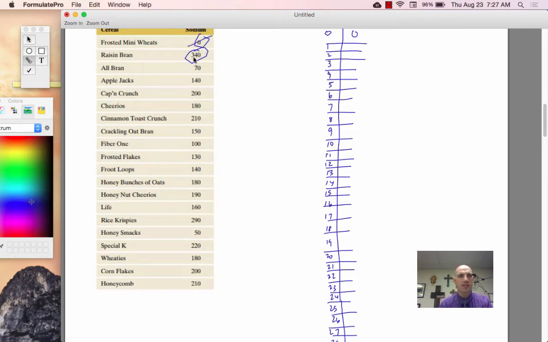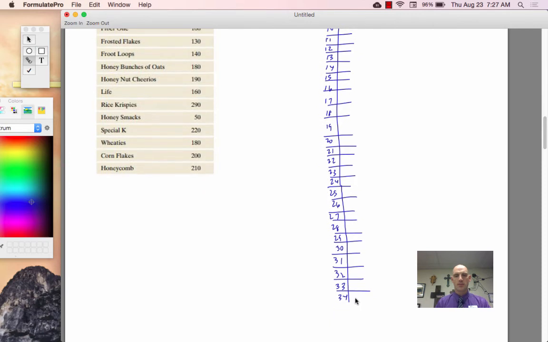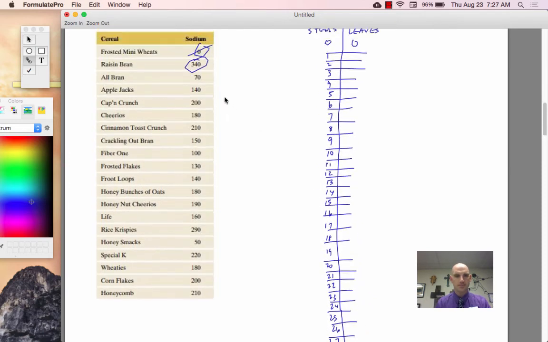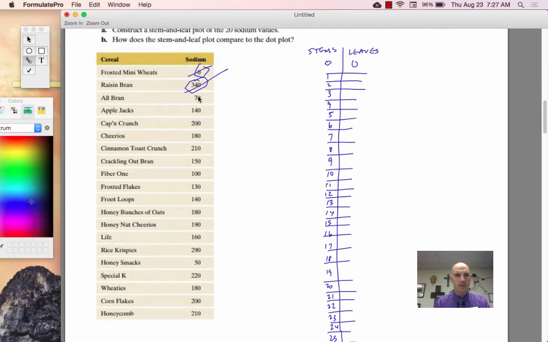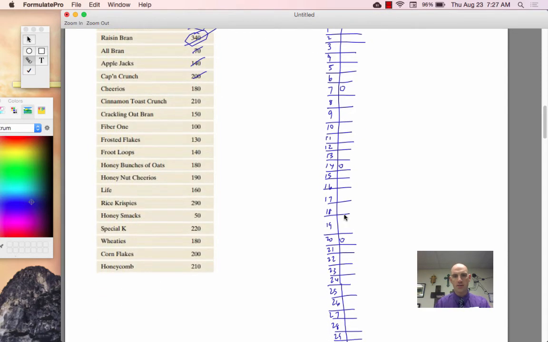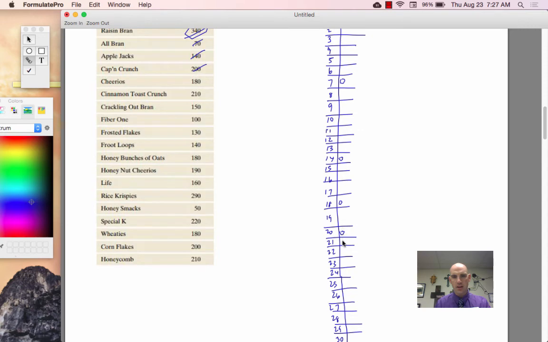So I like to go down the list. I already put in 0. 340 is going to be down here. I'll put a 0 there. And I'm going to do 3 at a time. 70, 140, 200. 180, 210, 150. 100, 130, 140.